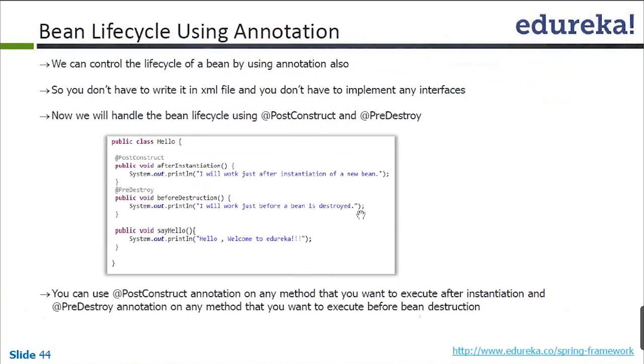You could see that in practice. It is very simple. So we can control the life cycle of a bean by using annotations also. We had seen two variations of it: one is init-method and InitializingBean, and destroy-method and DisposableBean. This is the third way of doing the same.